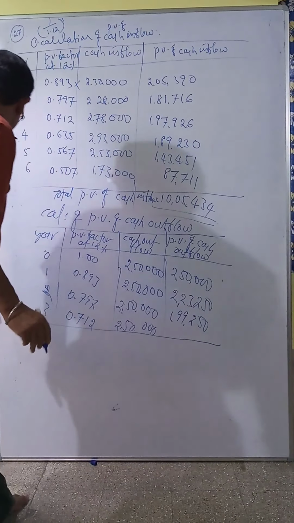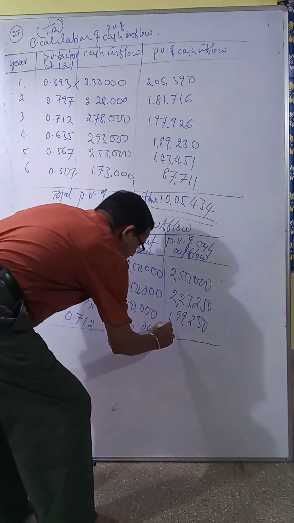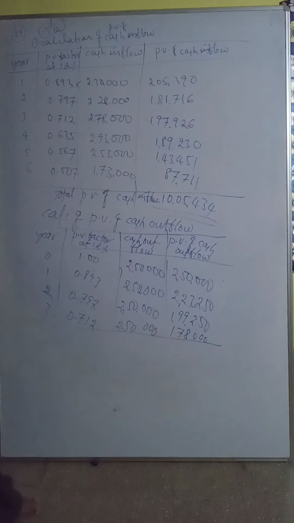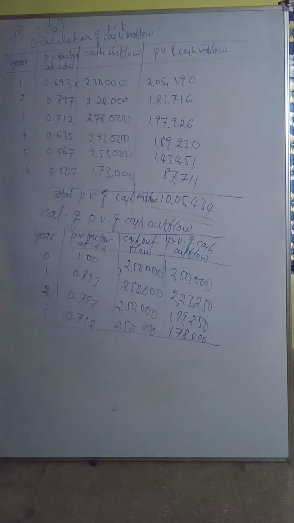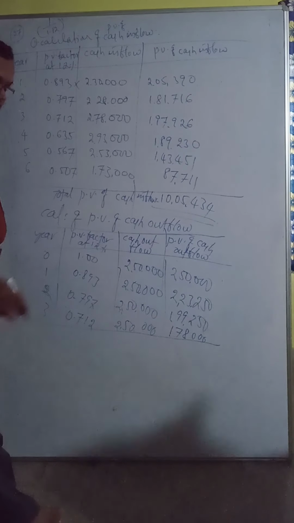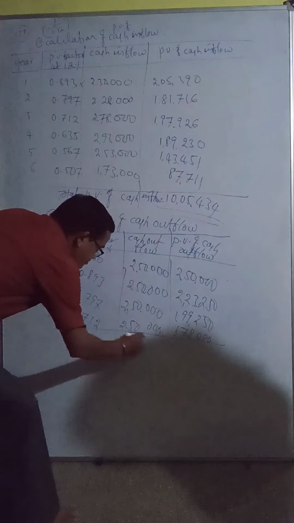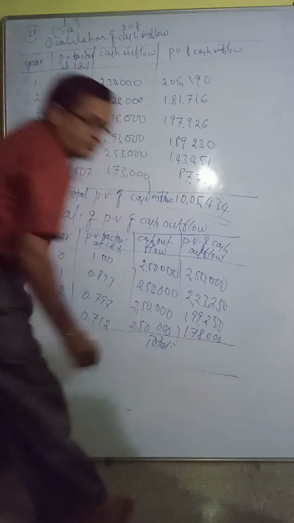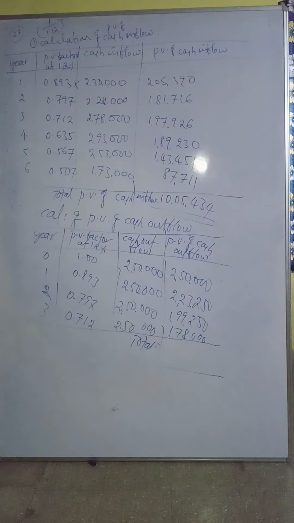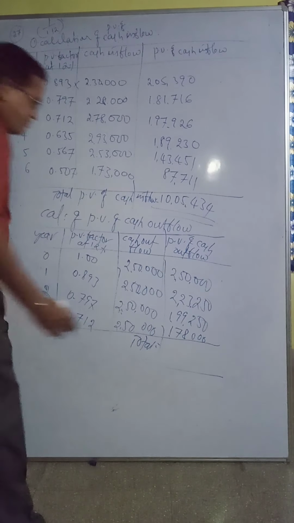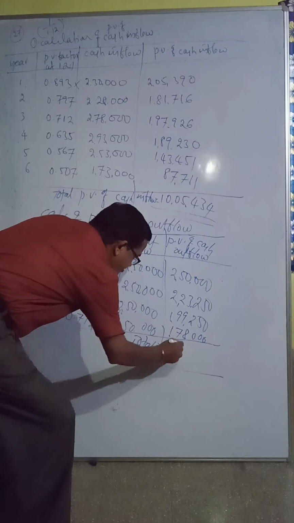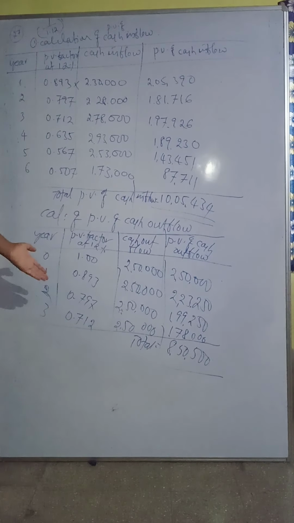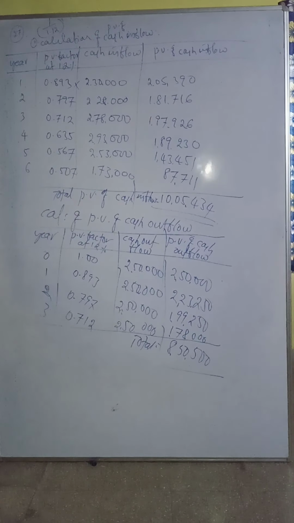Then 1,78,000. Make a total of the last column, present value of cash outflow. The total is 8,50,500. This is called the total present value of cash outflow.